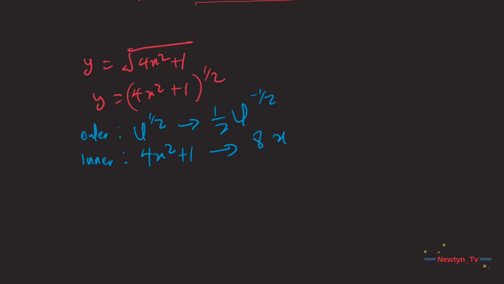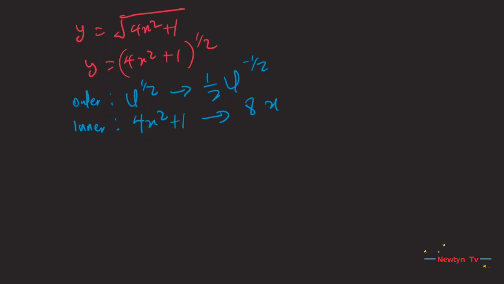So with this, we can simplify it as dy/dx equal to half multiplying (4x squared plus 1) exponent negative half times 8x.